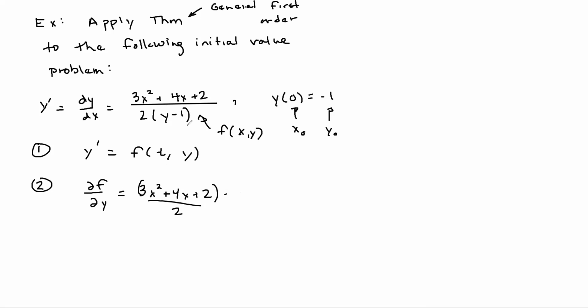So this is y minus 1 to the negative 1, so we get negative y minus 1 to the negative 2. If you recombine these, we get negative 3x squared plus 4x plus 2 over 2 times y minus 1 squared.